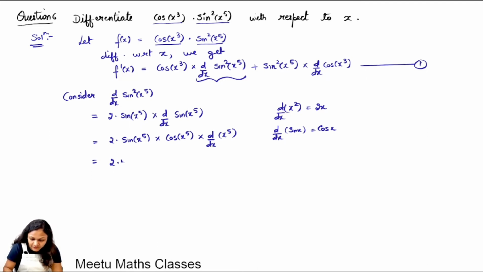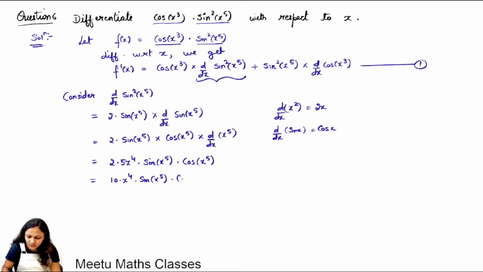So 5 into x⁴ into sin x⁵ into cos x⁵. So your final answer will be 10 times x⁴ into sin x⁵ into cos x⁵.